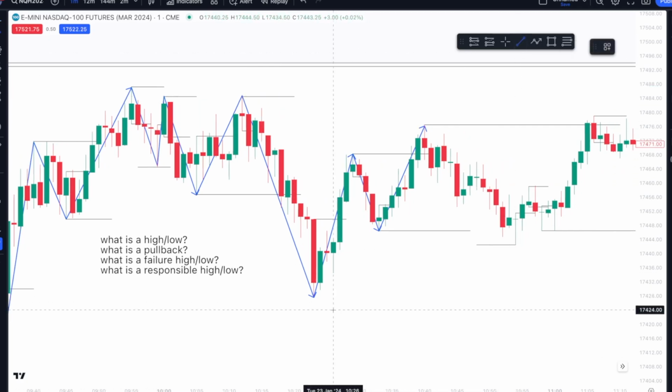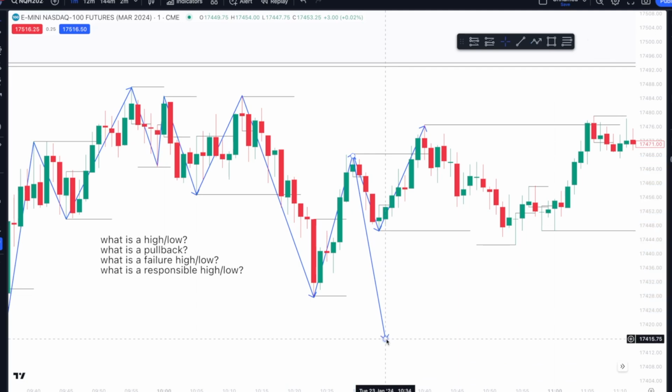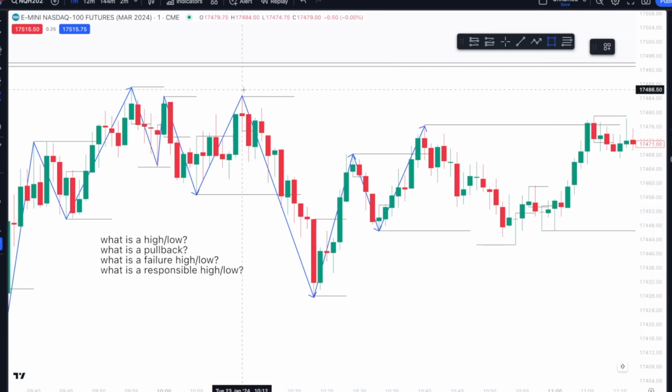Now look what happens. Once we put in this low, it causes this high to be created. This high is a failure high because, like I said earlier, it does not run the low. This high does not cause this low to get closed below. This would be a responsible high if it sent price all the way down like this, but it doesn't. Now, if you know anything about the invisible zone, you know what I'm about to draw right here.